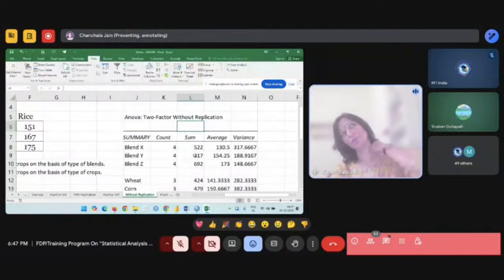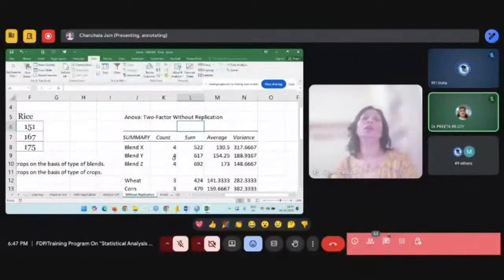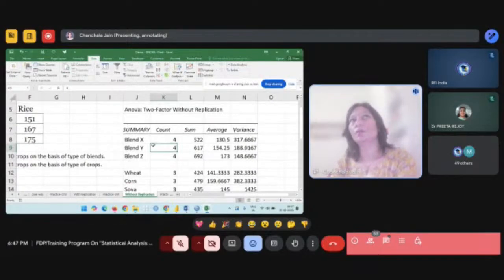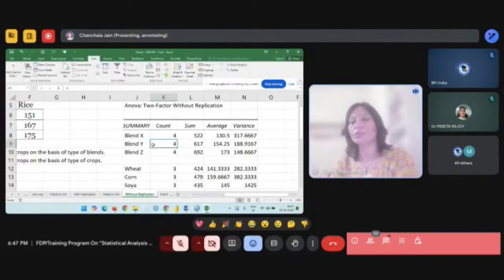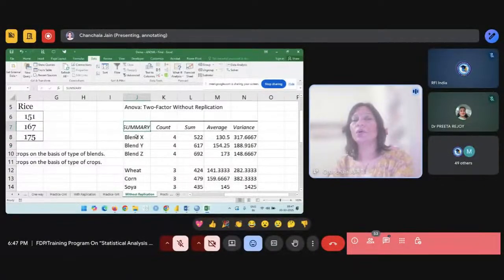Now I'll explain to you the interpretation of it. Everyone who has got the output, shall I go for interpretation now? Yes, ma'am. Fine. Now you can see the ANOVA two-factor without replication output is coming for us. The summary table is telling you, firstly, according to the blend.